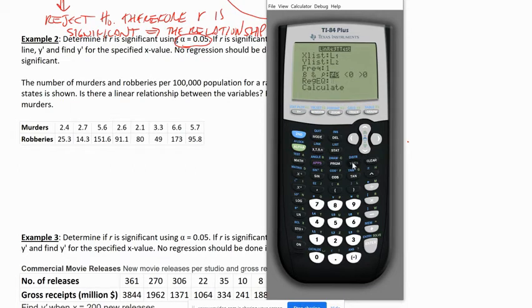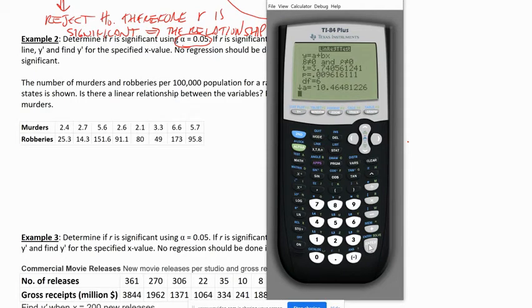I'm going to store the regression equation as y1 again. So vars, function, y1. And again, you don't have to do that last step that I just did, the regression equation. If you don't put y1 there, you would just have to type it in manually if you wanted to see the graph. Okay, so now we're ready to calculate.